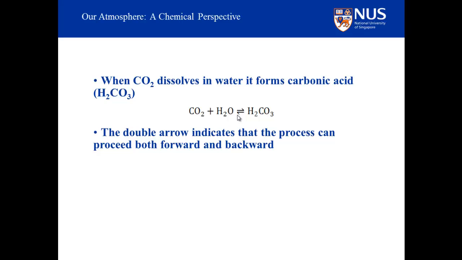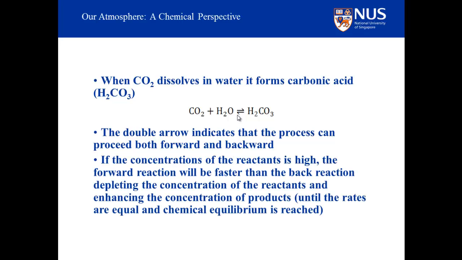The rates of forward and reverse reactions depend on the concentrations of the reactants on the left-hand side and of the products on the right-hand side respectively. If the concentration of the reactants is high, the forward reaction proceeds fast, depleting the concentration of the reactants and enhancing that of the products until the forward rate matches the reverse rate.